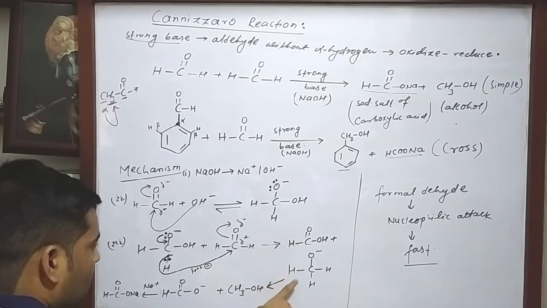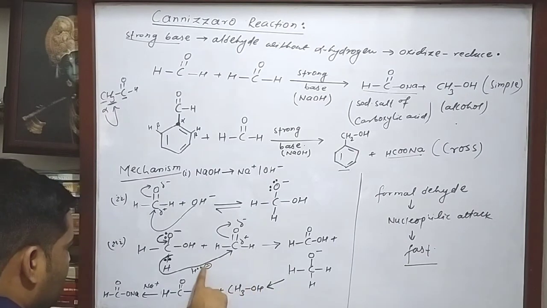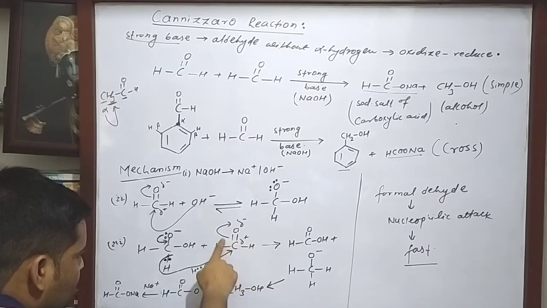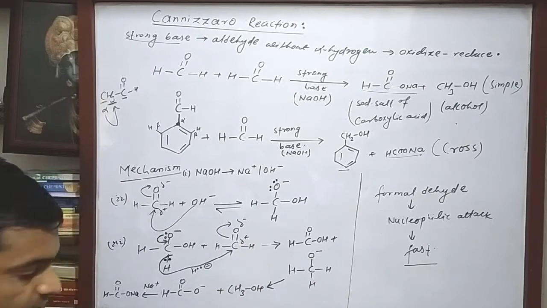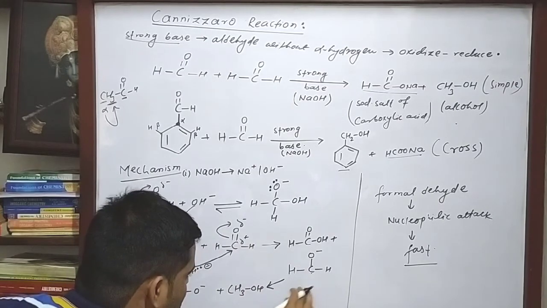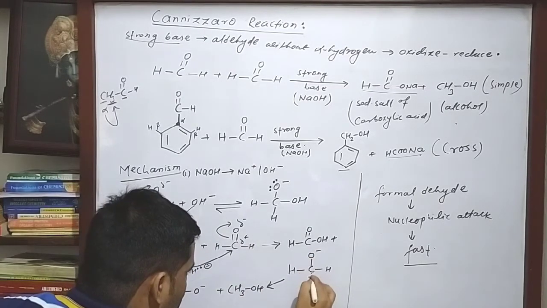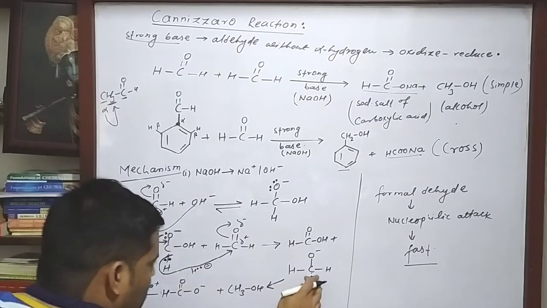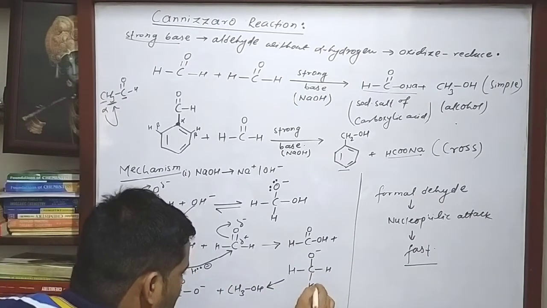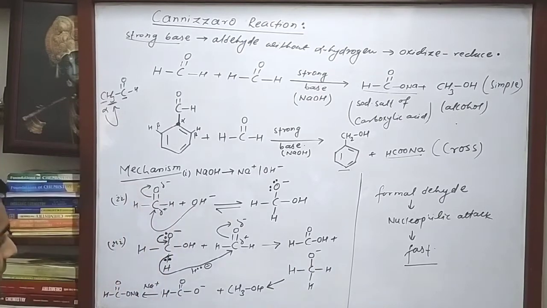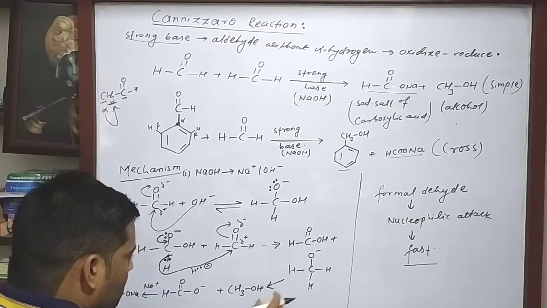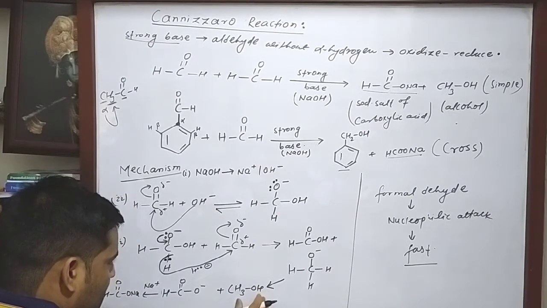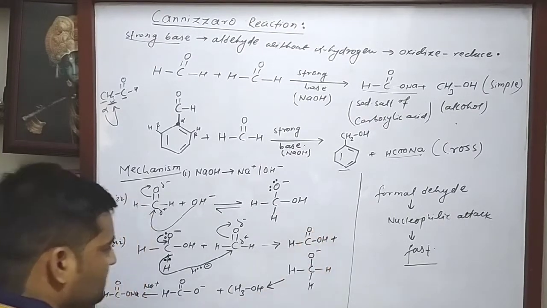And in the other molecule, this pi bond shifts towards oxygen. When this pi bond shifts towards oxygen, there is formation of O minus and carbon plus, and this H minus attacks the positive carbon giving CH3O minus. And again, alcohols are less acidic, carboxylic acids are more acidic.